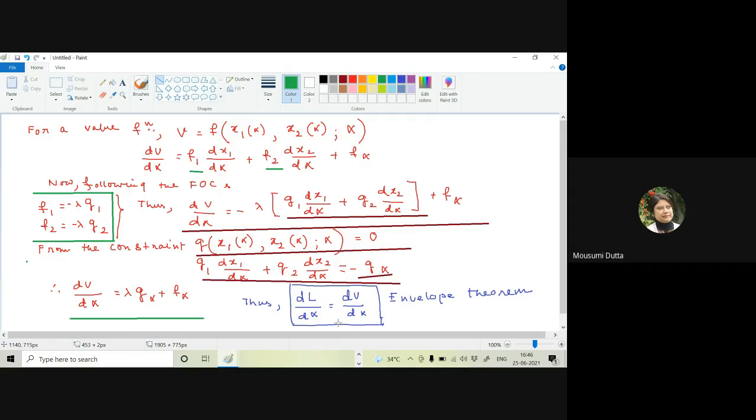So we can start with the basic objective function and take the derivative with respect to alpha to discuss the comparative static results, or we can consider the value function and take the derivatives with respect to the parameters. We will get the identical result. This is known as the envelope theorem.